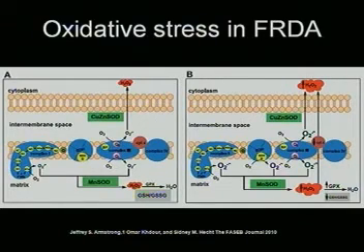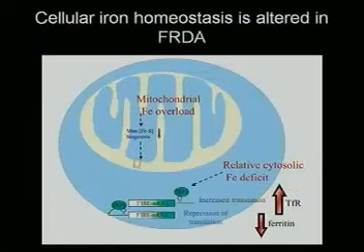And if these complexes don't work properly, because the iron-sulfur clusters they contain are not sufficiently available, some of this oxygen, instead of being reduced in a controlled way, will react with other compounds in the cell and will form toxic substances called free radicals, or reactive oxygen species, that will cause damage in the mitochondrion, but also will get out of the mitochondrion and cause damage in the rest of the cell.